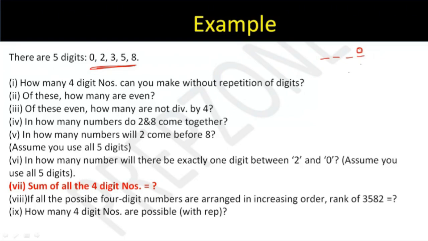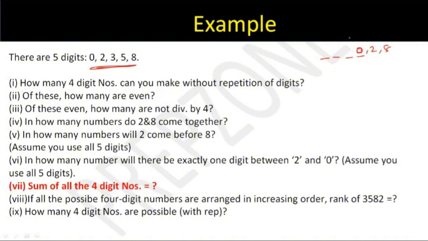If the unit digit is not even, then the number won't be even. Even is nothing but a number that is divisible by 2. So it could be either 0, 2, or 8. If the unit digit is 0, 2, or 8, then this number would be even. If it is 3 or 5, then this number won't be divisible by 2, so it is not going to be even at all.